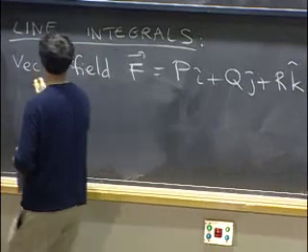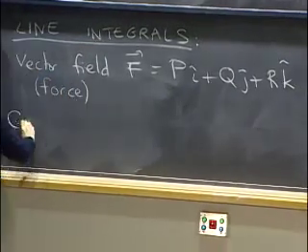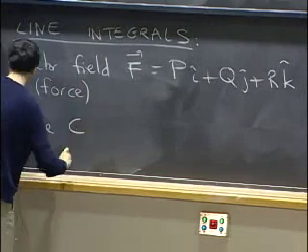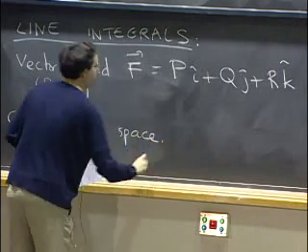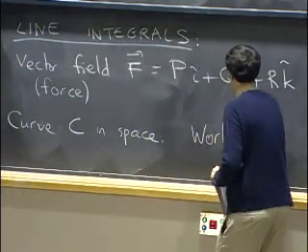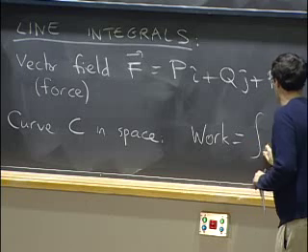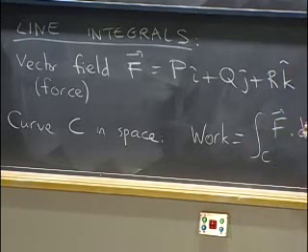We should think of it maybe as representing a force. And let's say that we have a curve c in space. Then the work done by the field will be the line integral along c of f dot dr. Okay, so that's a familiar formula.